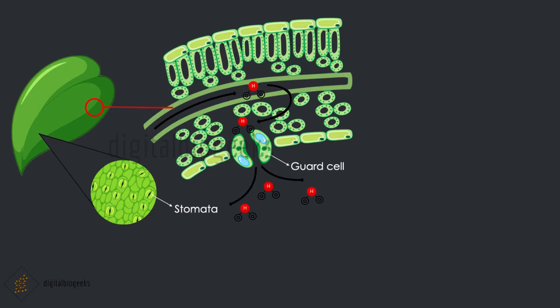This transpiration takes place through the stomata. Each stoma is enclosed by two kidney-shaped cells called guard cells. Through the guard cells, the exchange of gases with the atmosphere takes place. Here you can see the transpiration through the guard cells.